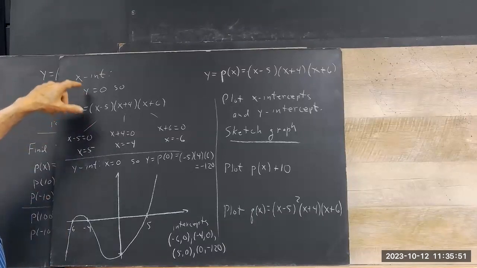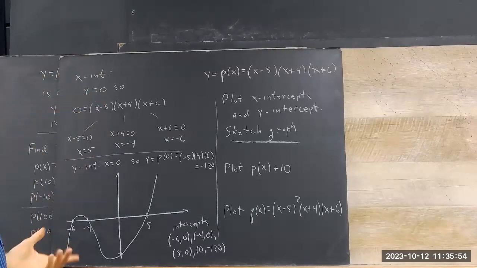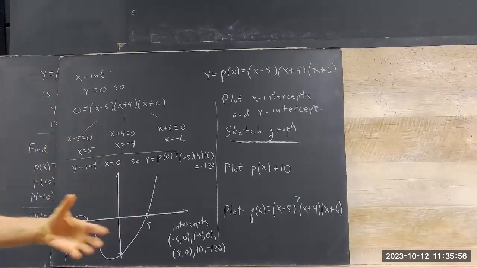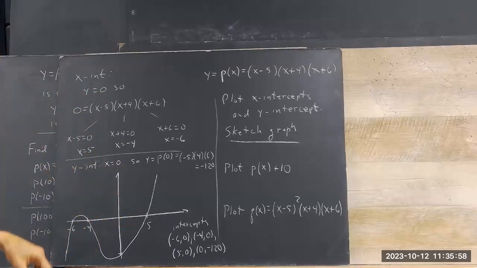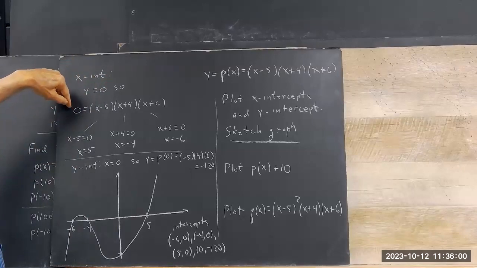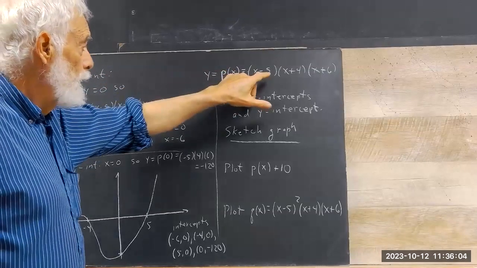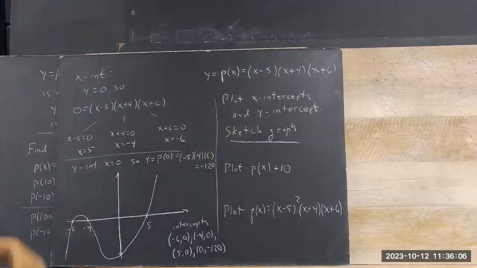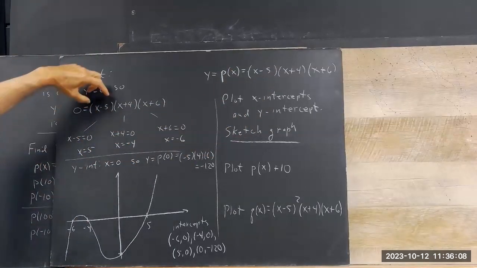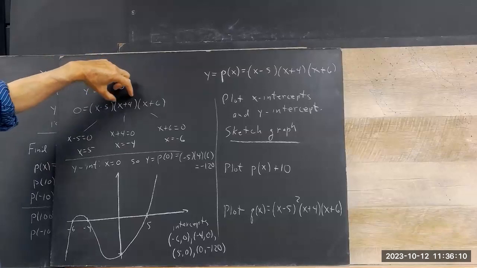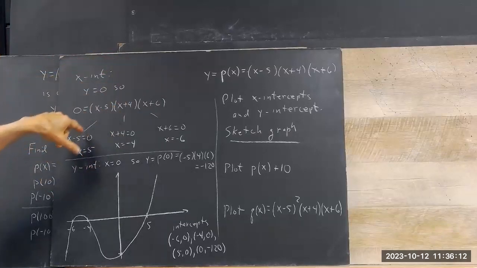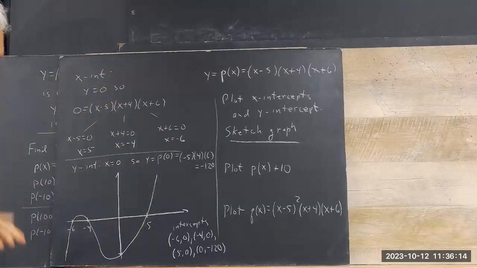Okay, so anyhow, the x-intercept occurs when y equals 0, that has to be second nature. We have to understand why that's so. Then we replace y by 0. We get 0 equals all this. And how does 0 equal all this? Well, that's only going to be the case if this is 0, or this is 0, or this is 0. So this splits into 3 equations.